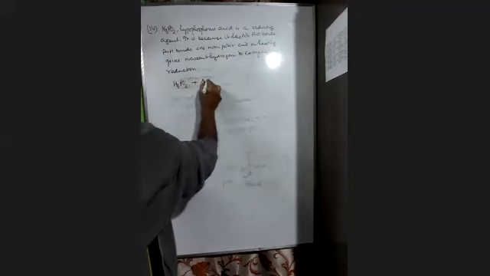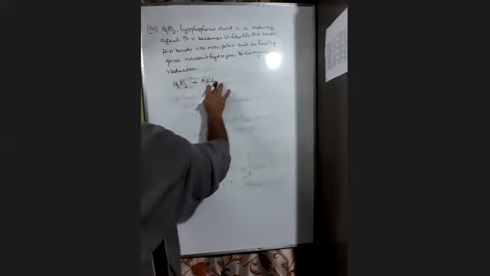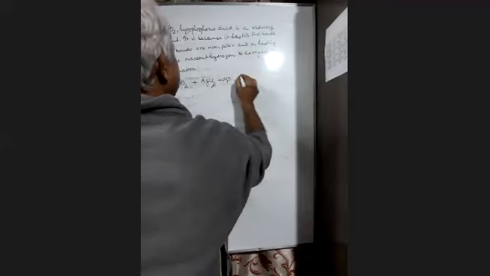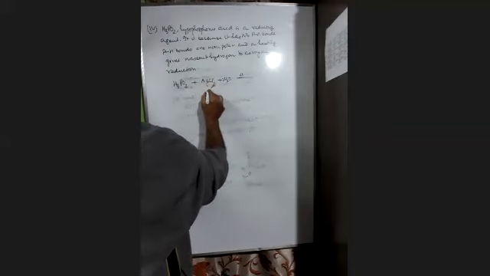Suppose you have H3PO2 reacted with silver chloride in presence of water. If you heat it, it will reduce silver chloride to silver.